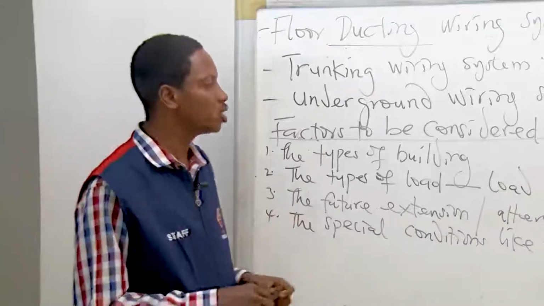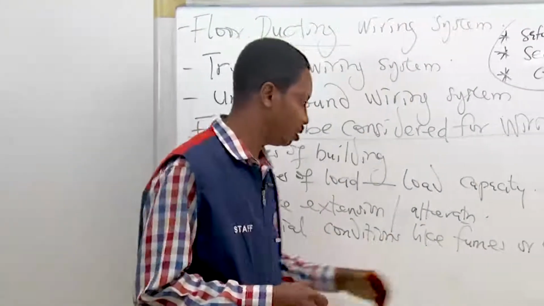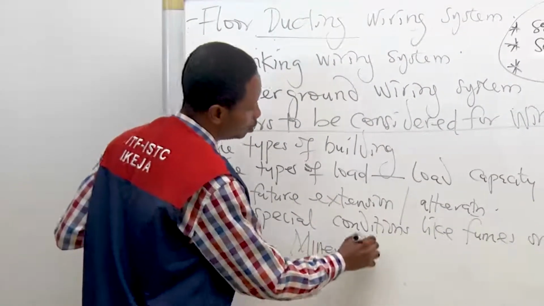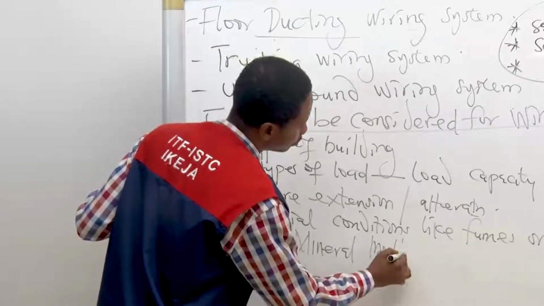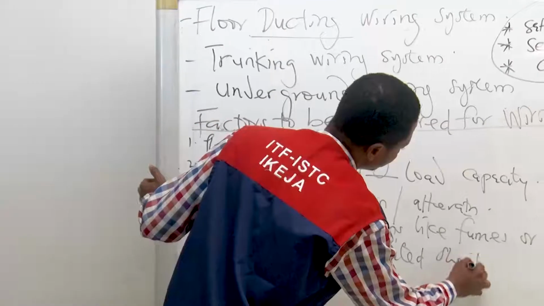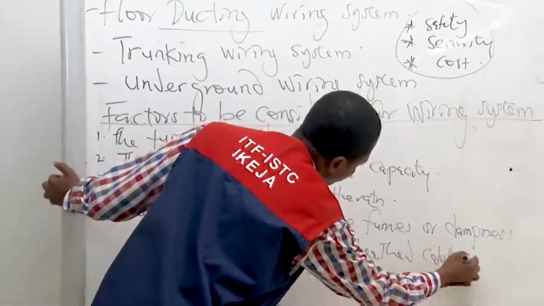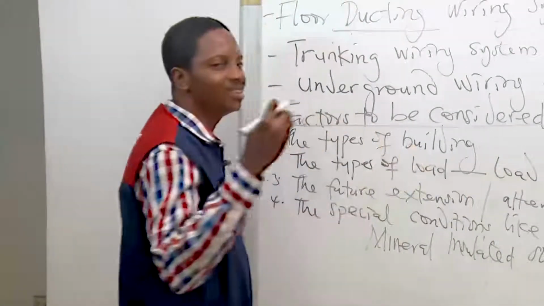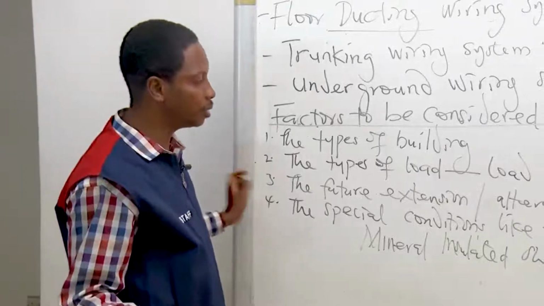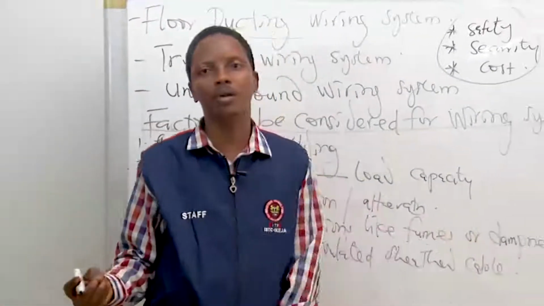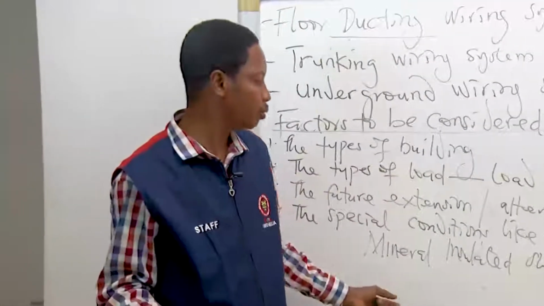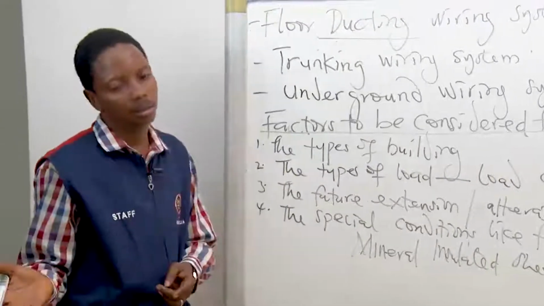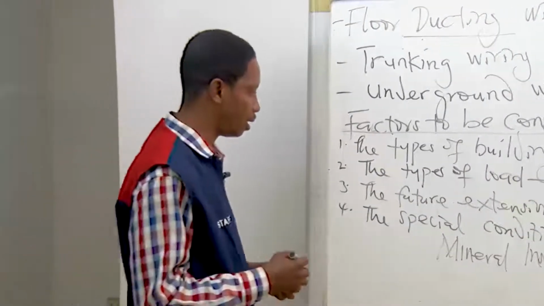We are going to use a special wiring system that comes with what we call mineral insulated sheathed cable. So this is what we are going to make use of because of what? The possibility of fire outbreak. Now, in a damp area where we have a lot of water, what will we use? We make use of rubber sheathed cable because the more water touches the cable, the better the mechanical protection.